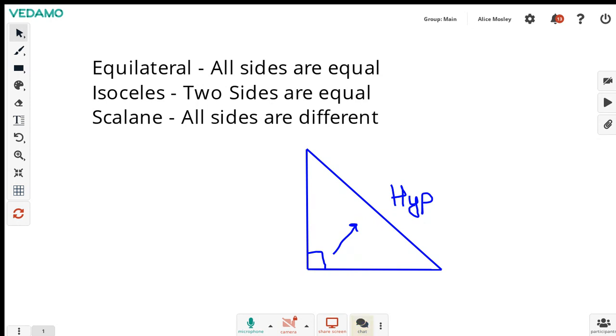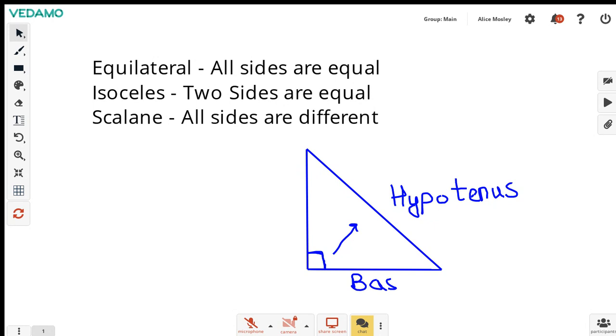The side opposite to the angle is hypotenuse. And the sides which are attached to the angle are known as base.